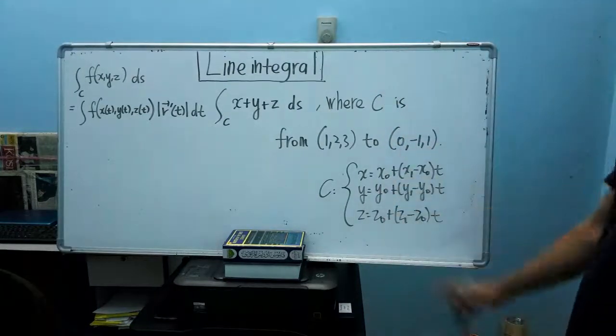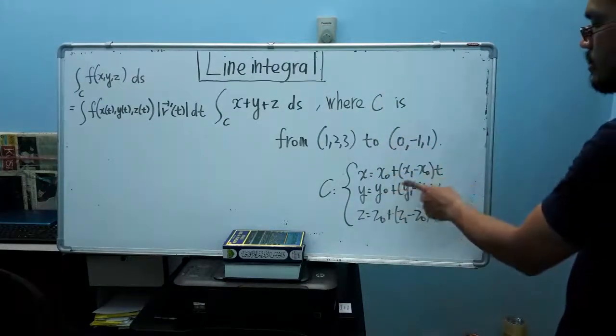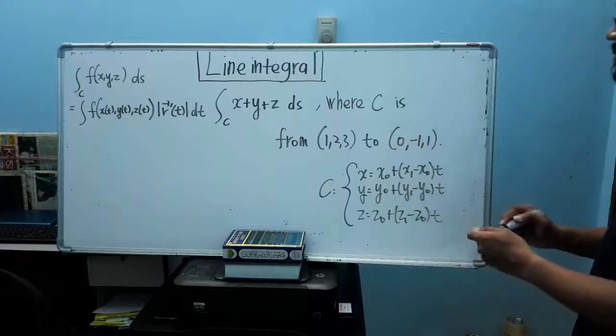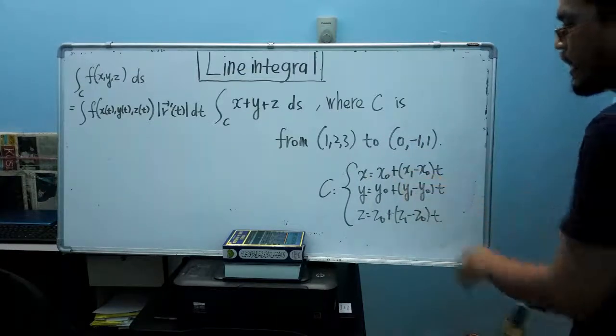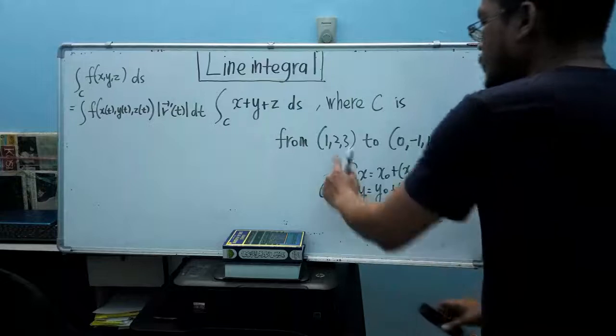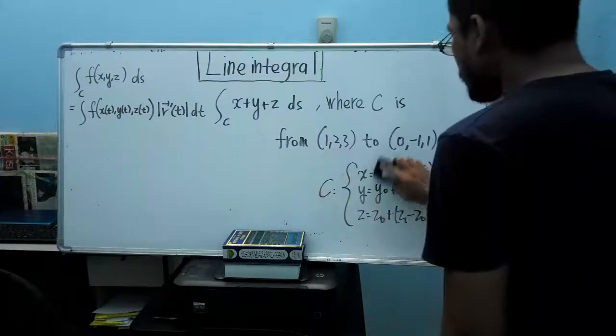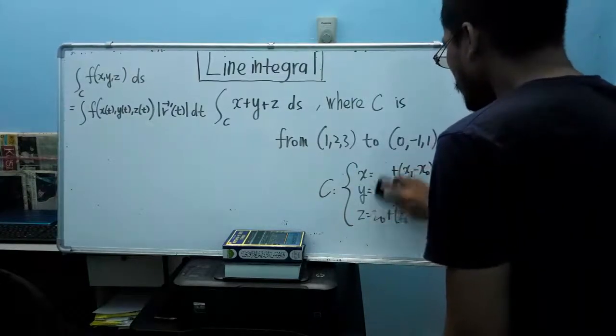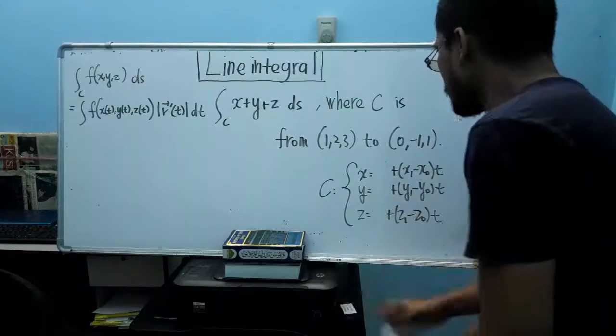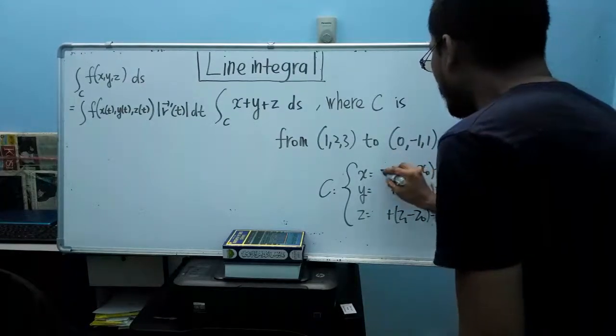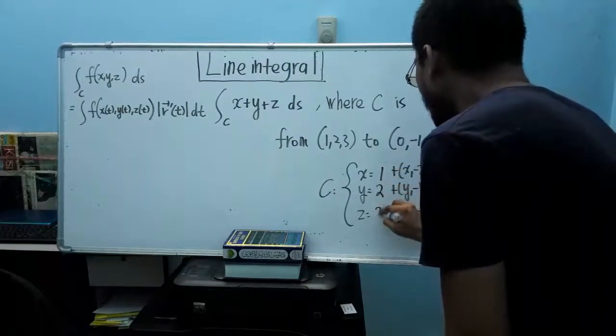This is the formula of the parametric equation of our line segment. Here x0, y0, z0 come from the initial point, so I will have 1, 2, 3.